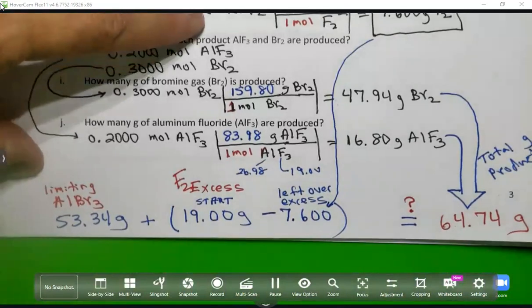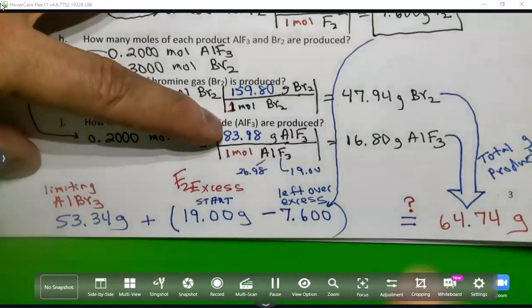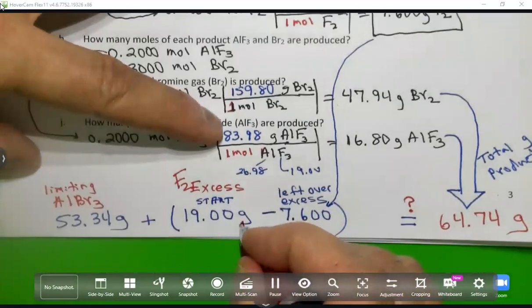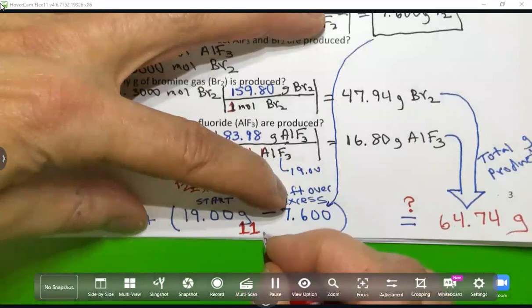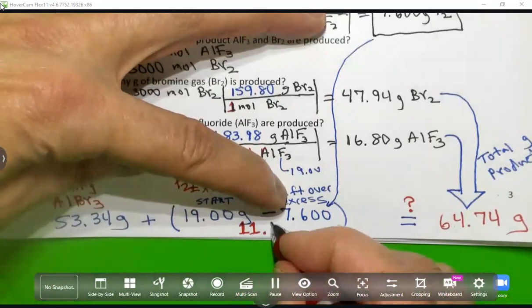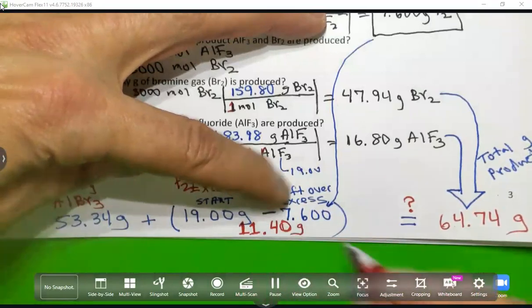How many grams reacted? 11.40 grams reacted.